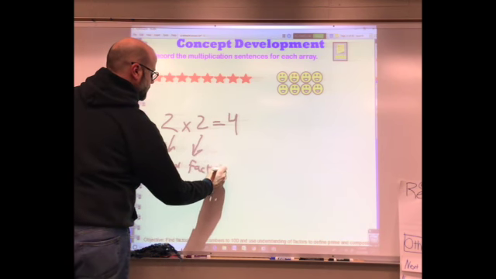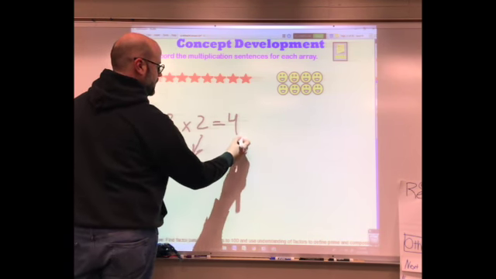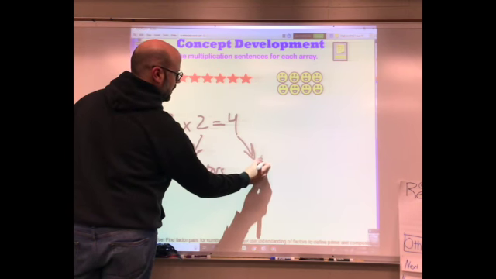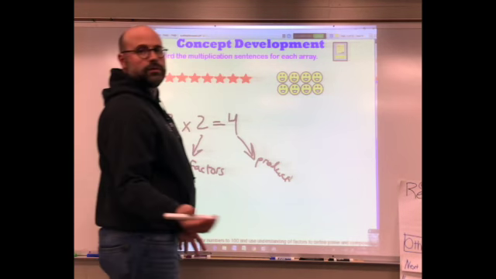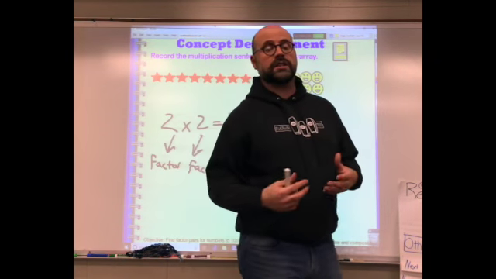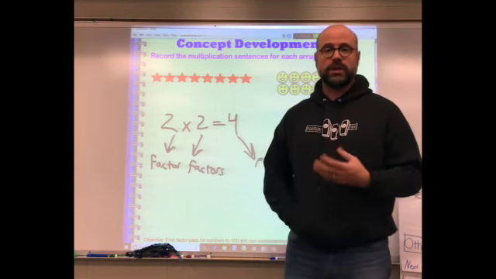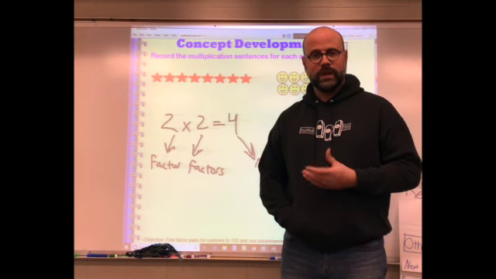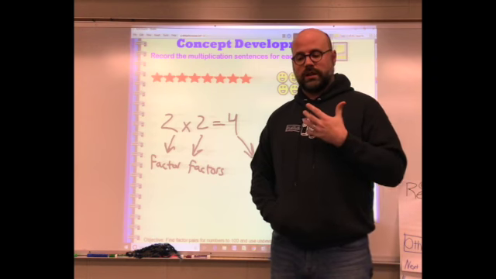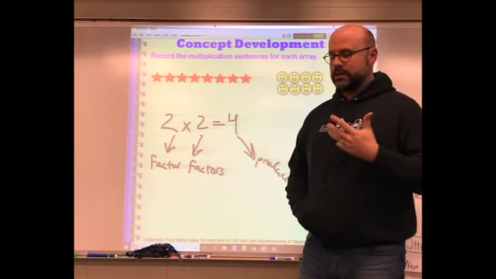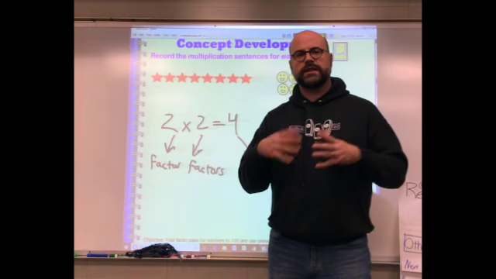They're the numbers you multiply together to get the product, right? I've been saying it all year when we work with multiplication that the product is the answer to a multiplication problem. Today we're going to look at factors. Factors are, like I said, the two numbers you multiply together to get the product.